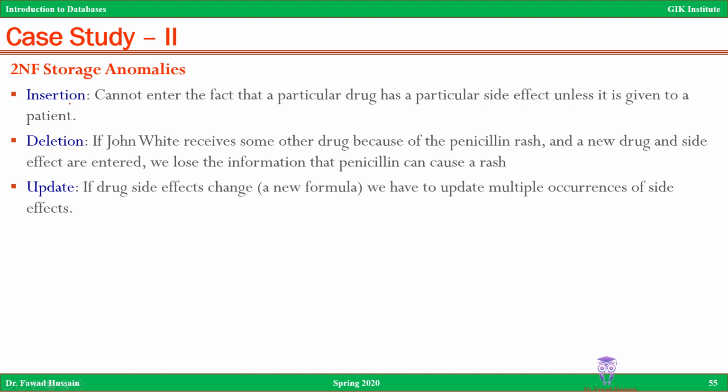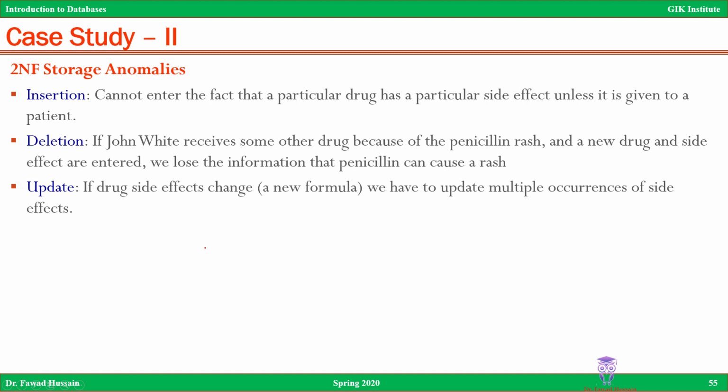So that's my insertion problem. And if a person that was diagnosed with something, underwent a surgery, was given a drug which had a side effect, if the detail of the surgery is deleted, then the information that this drug has this particular side effect will also be deleted. And the same goes for update.